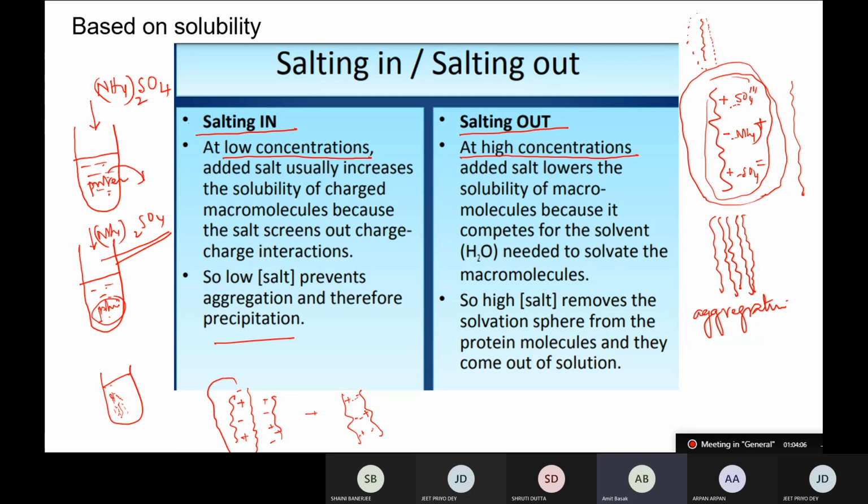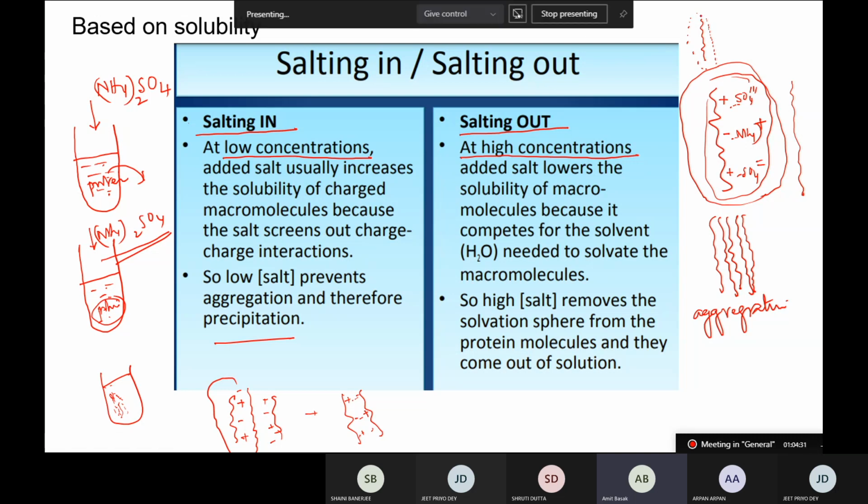So hydration will take place on the protein. This hydration also basically screens out the same thing. Hydration also does the same thing, but to a lesser extent. Hydration also screens out the charges on the protein, or it also prevents aggregation.